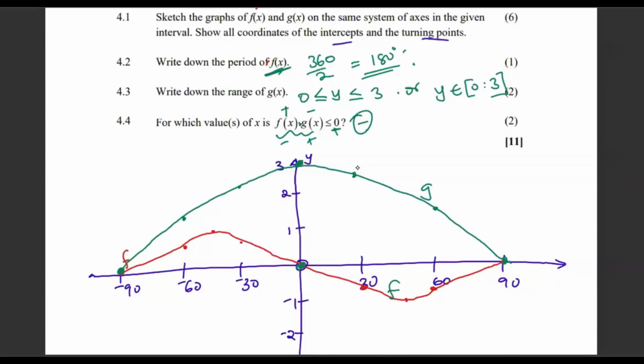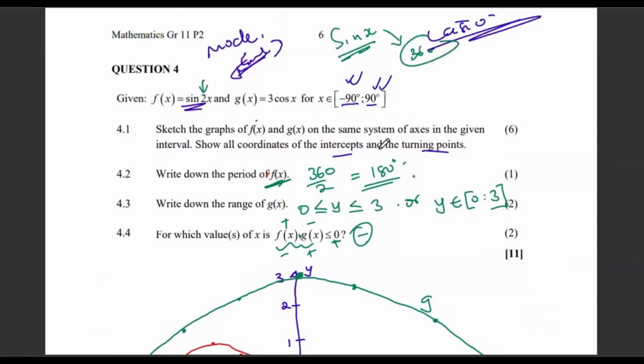What do we do there? Let me just check my graphs again.